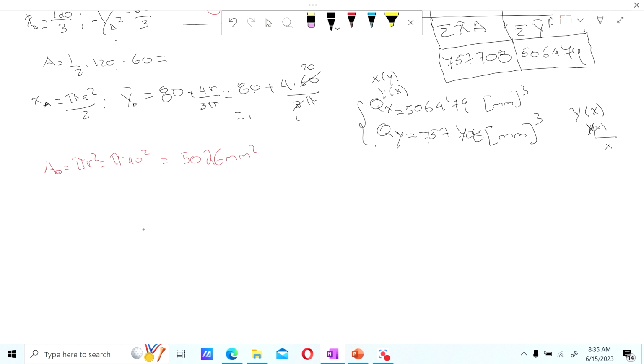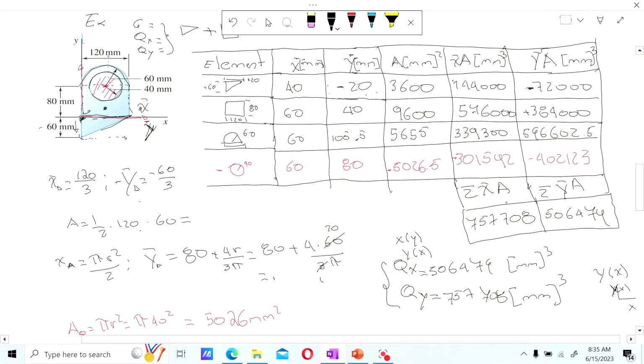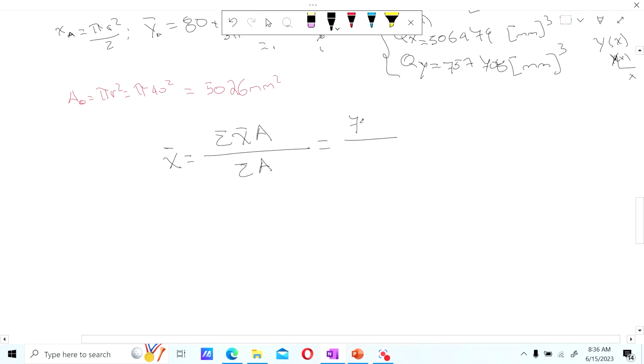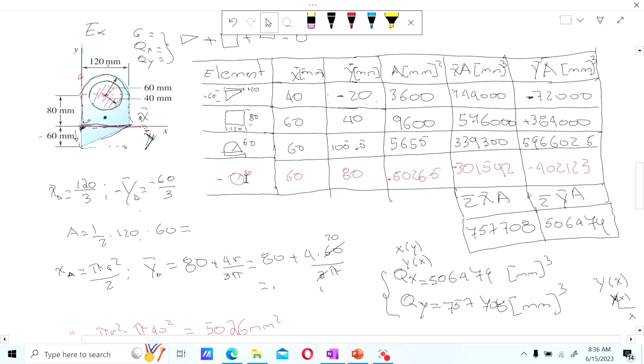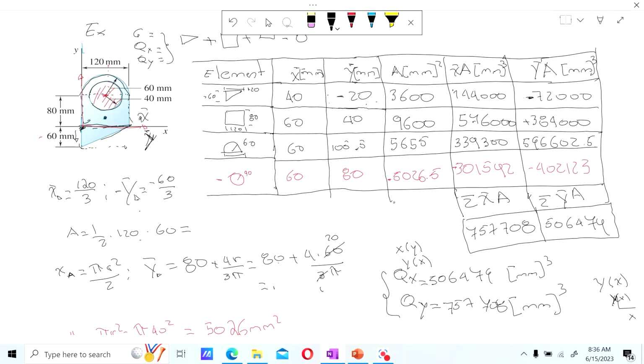Okay, so the centroid in x is equal to summation of xa divided by summation of areas. So the summation of that number is equal to 757,708 cubic millimeters. And the summation of the areas, we didn't do it, so we need to do it now.